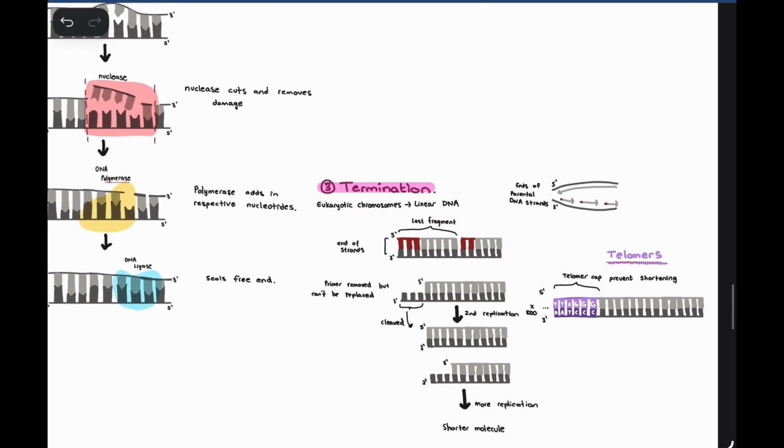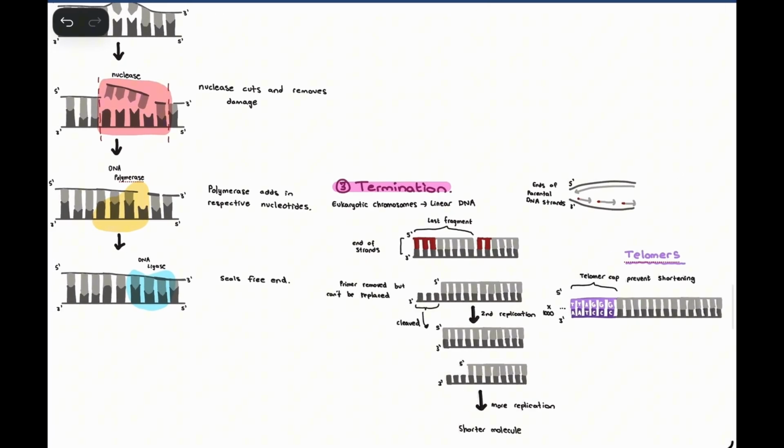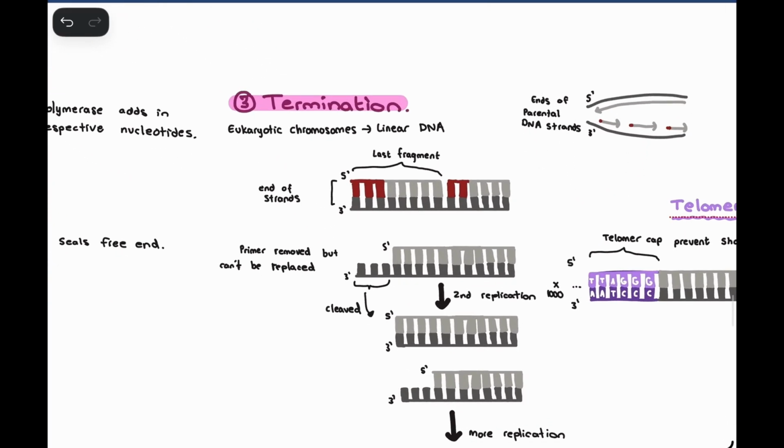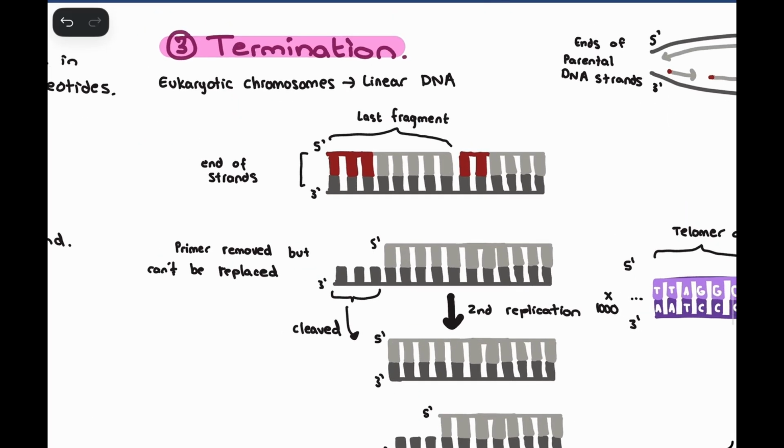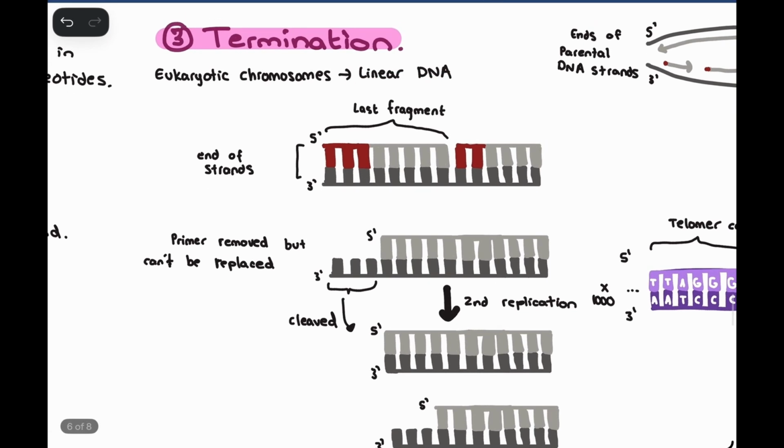It is important to note that eukaryotic chromosomes have linear DNA, whereas prokaryotic chromosomes have circular DNA. The reason that the linear DNA in eukaryotes has a problem is because they cannot complete the 5' end, since there is no 3' end of a pre-existing polynucleotide to connect to.